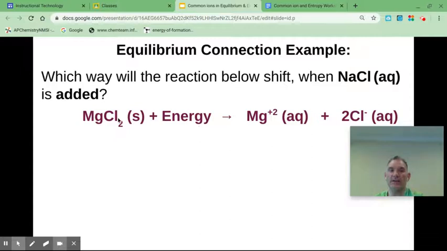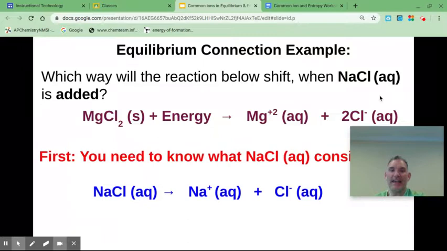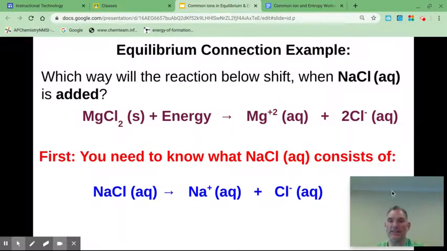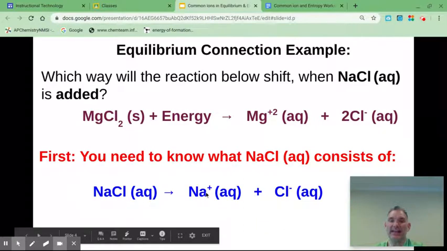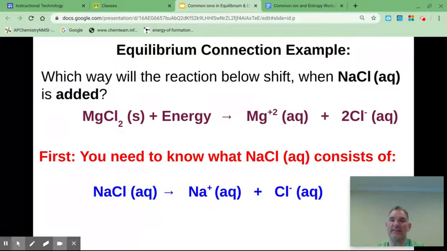Okay? Well, if you look at this reaction, there is no NaCl. So I have to understand that NaCl aqueous actually consists of Na plus ions and Cl minus ions. So I have to be able to write this reaction out in order to analyze what's going to happen in the equilibrium.